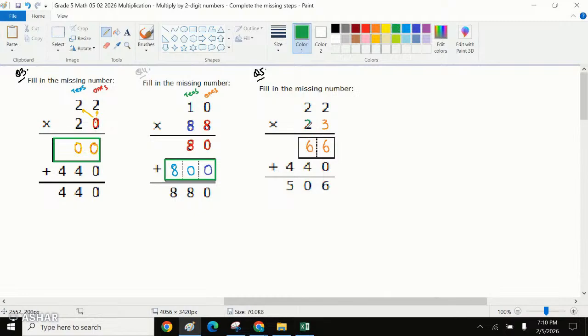Similarly, when 2 was multiplied by 2, we can write a 4. Why do we put a 0? Because this 2 is in the tens position. So the missing number is 66, whereas the final answer was 506.